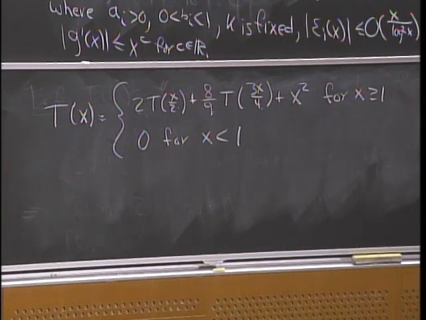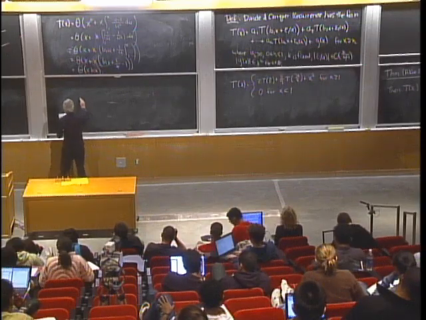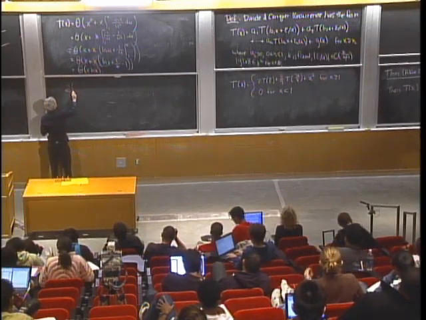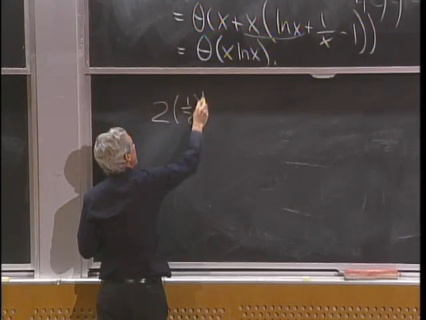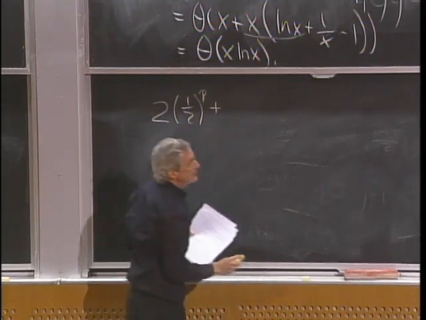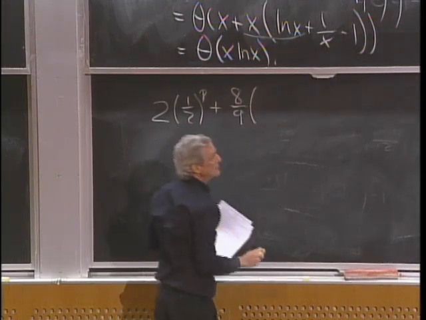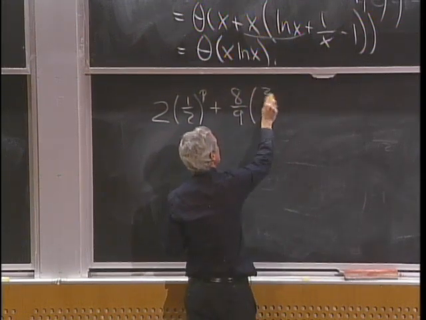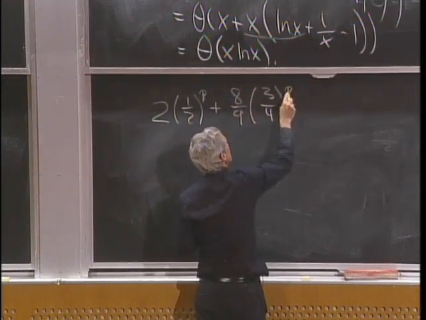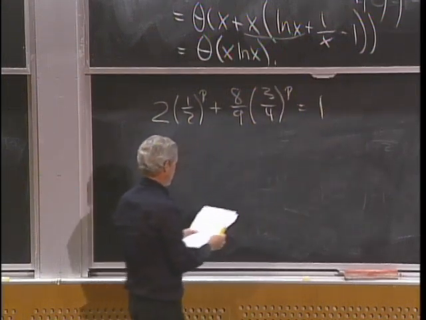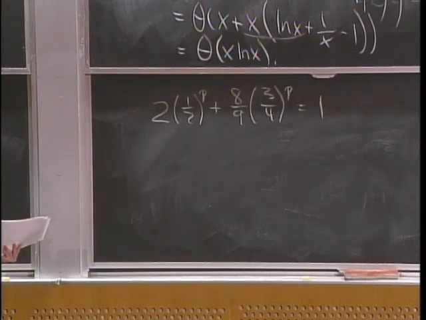All right, the first thing to do is compute p. So to do that, we need to find a p such that 2 times 1/2 to the p plus 8/9 times 3/4 to the p equals 1. I've got to find a p for which that's true. Any guesses what p works?